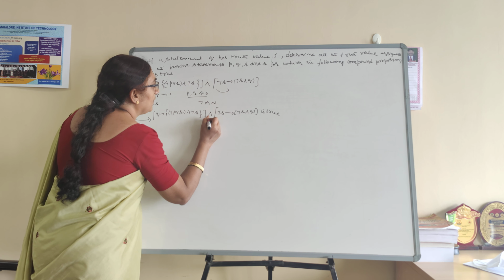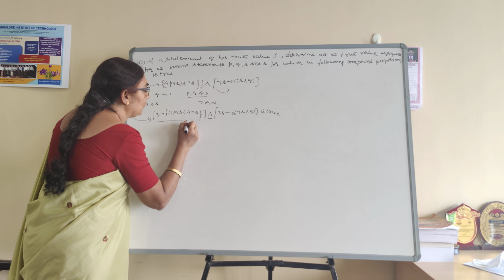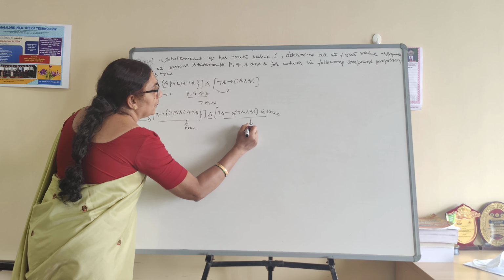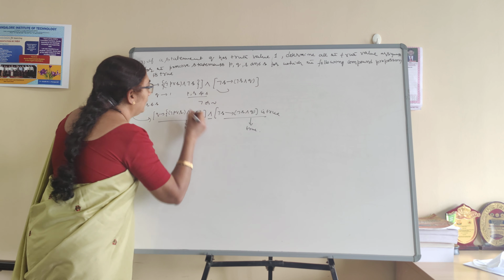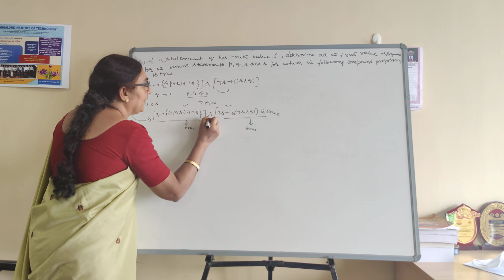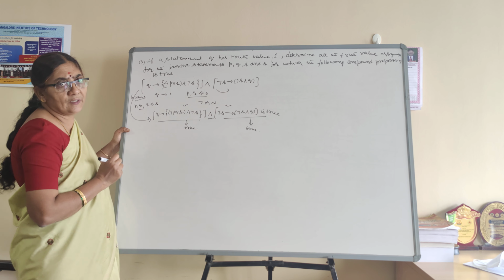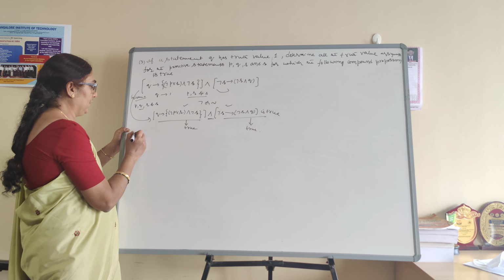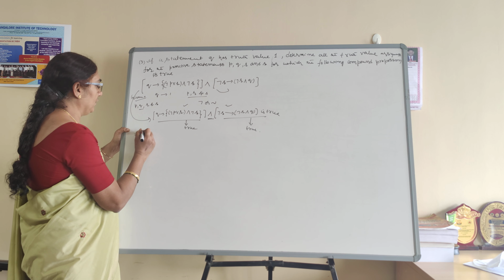So try to understand. A conjunction is true when this statement is true and also this statement is true. Only when both sides of the conjunction connective are true can we say that the conjunction is true. From the statement being true, that implies this is true. This is true means what?